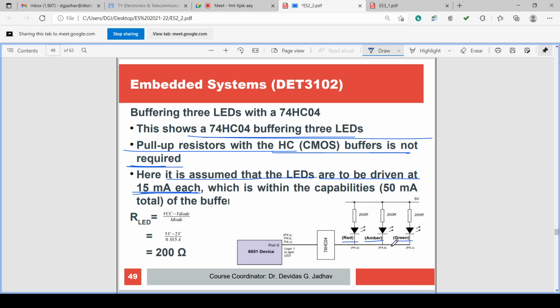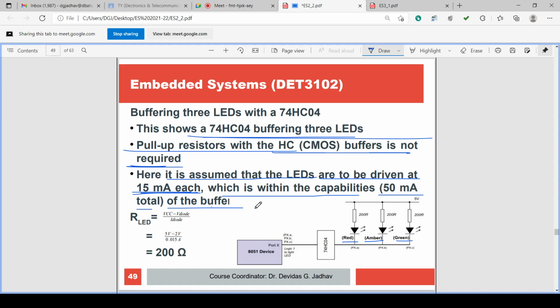This is within the capability of the buffer, which has a 50 milliampere total maximum. The LEDs require 45 milliampere, so it is within the capacity of the buffer. So the buffer can provide 50 milliampere maximum, and the LEDs total 45 milliampere, so it will safely provide it.